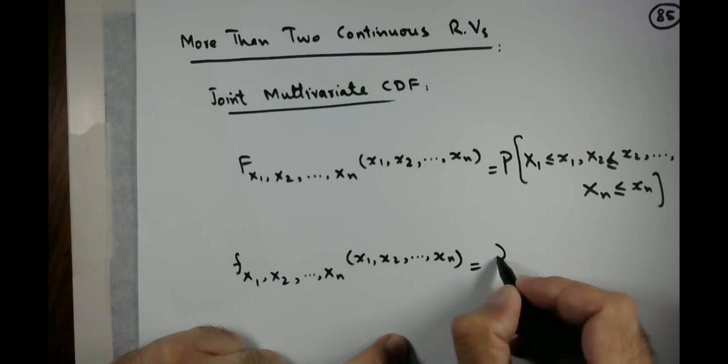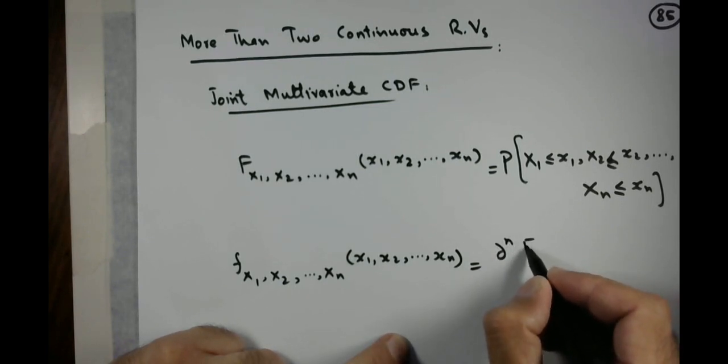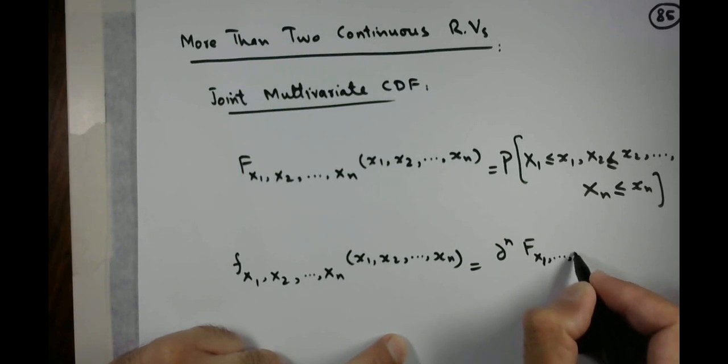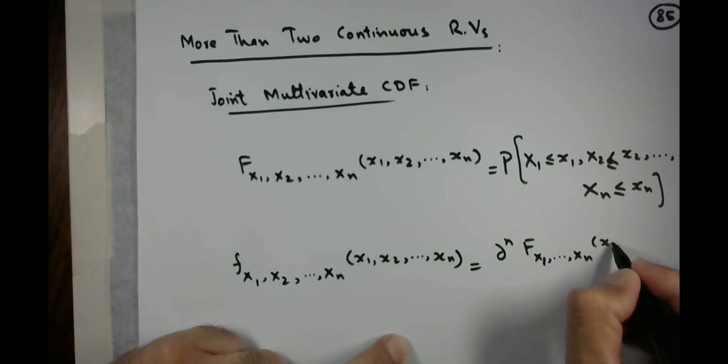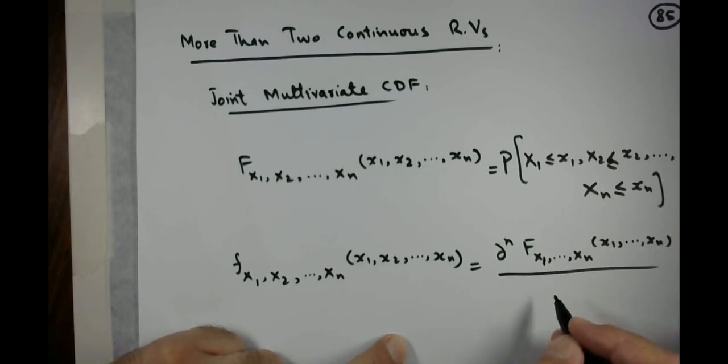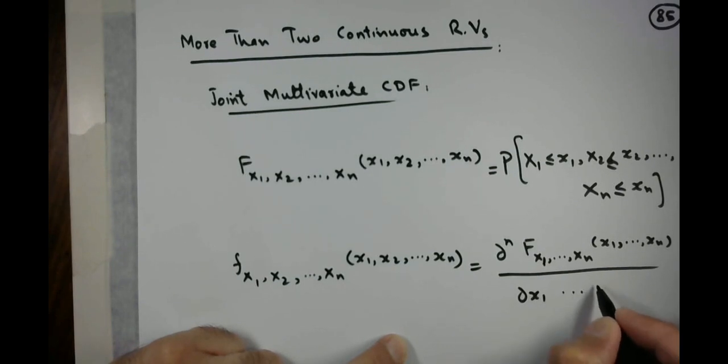So we'll write it as curly n of the CDF x1 till xn of x1 till xn over curly x1 till curly xn.